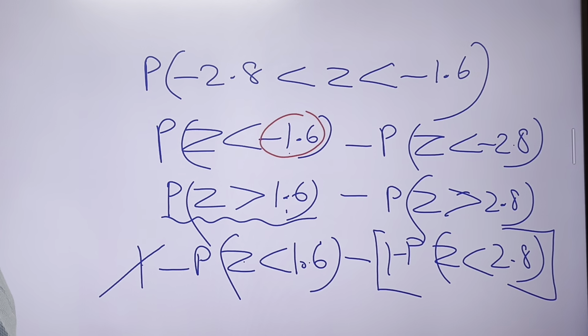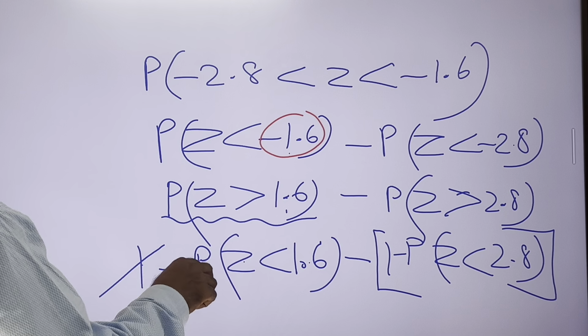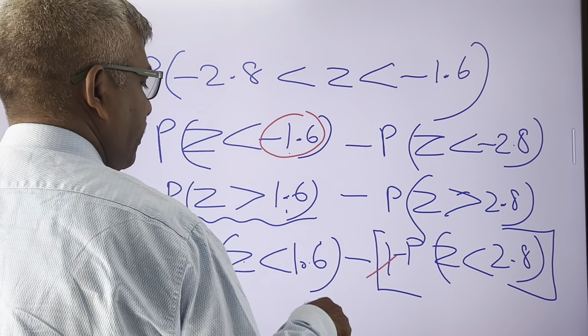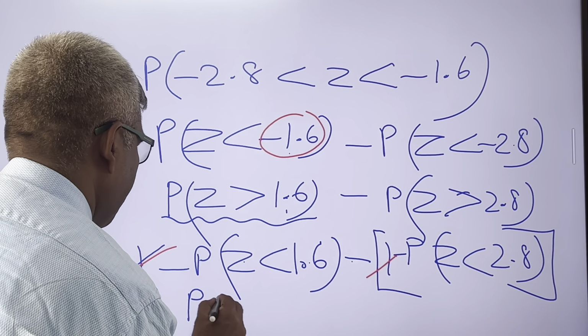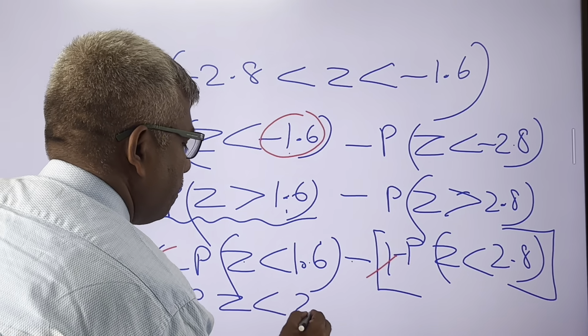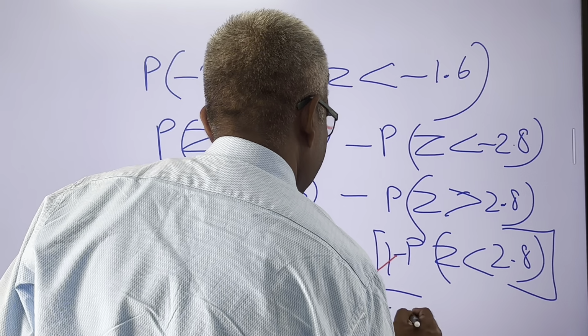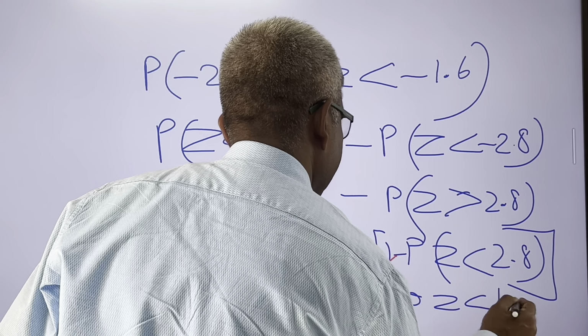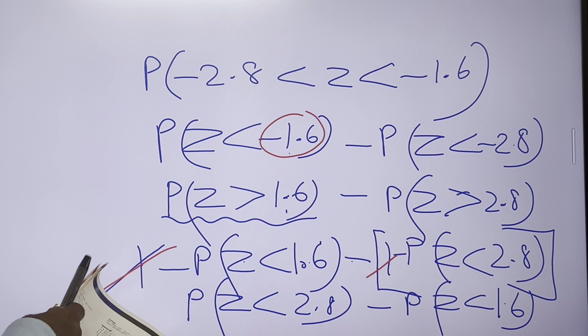This one will cancel. This will be plus. Probability of Z is less than 2.8, minus probability of Z is less than 1.6. Got it? Less than 2.8 is what?